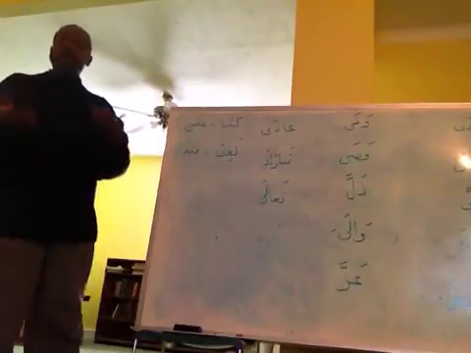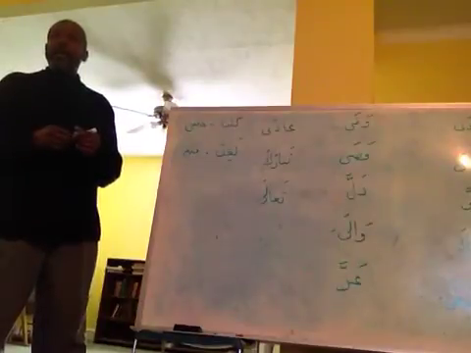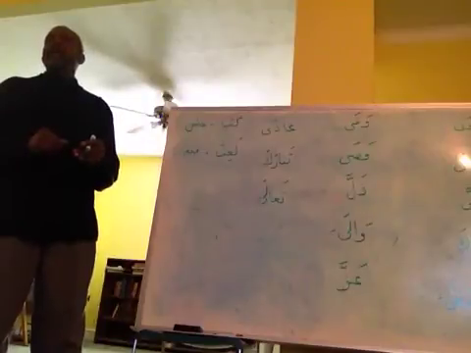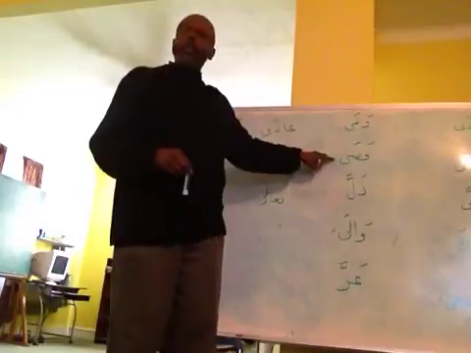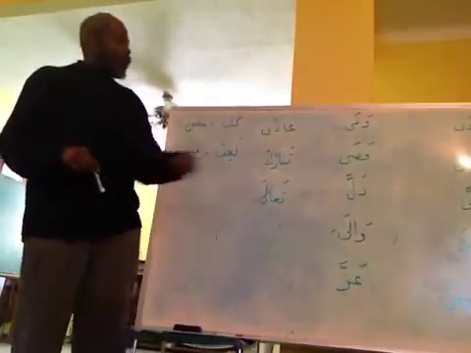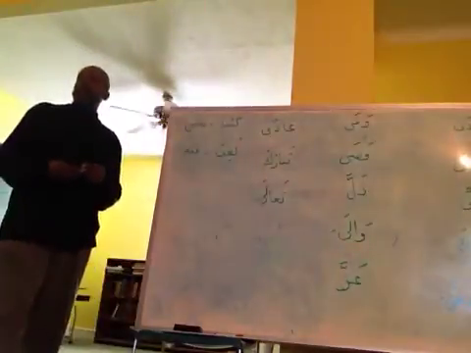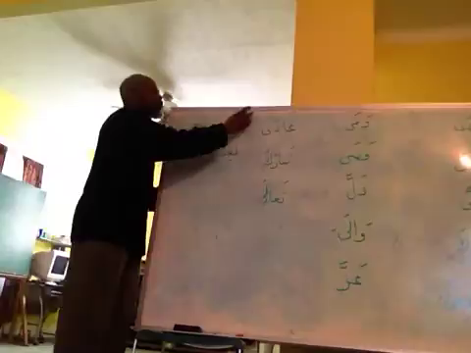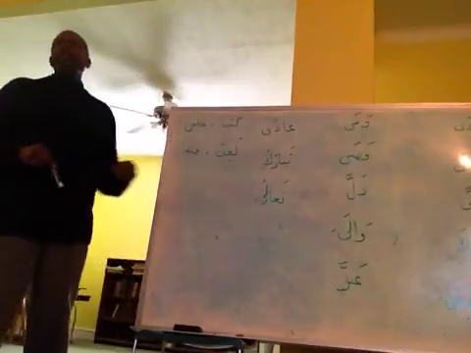If you see a verb that has a hamza in it, there are certain other ways of working with those kinds of verbs. Or if it has a weak letter in it, or if it's doubled, there are certain ways that you work with that verb. So the verbs we've really been taking on are what we call regular verbs, free from any of those other things.